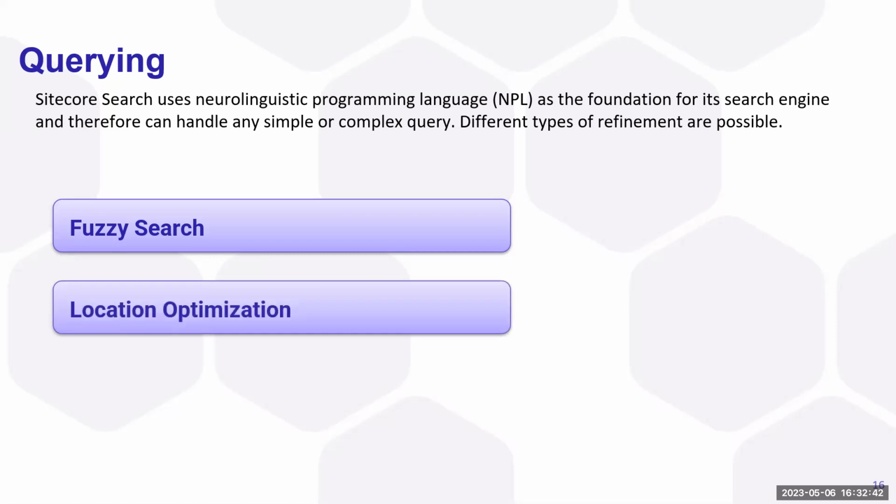Another one is location optimization. Sitecore Search supports multi-catalog, multi-locale setups that can be used to render a specific result per country, state, and region. This would be very helpful.